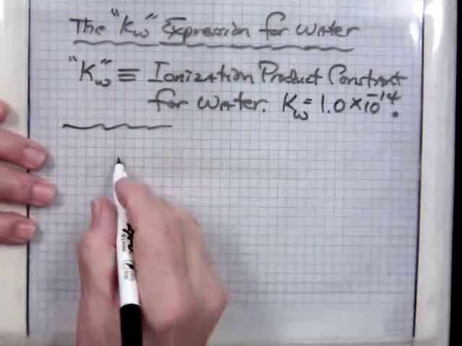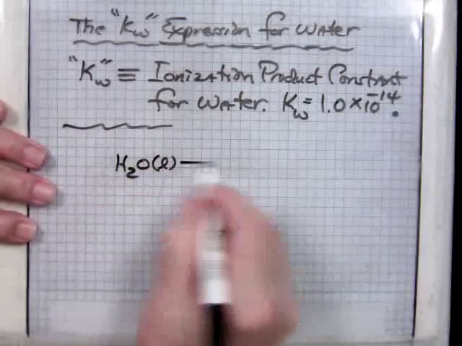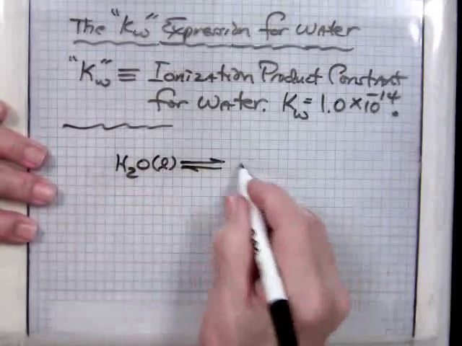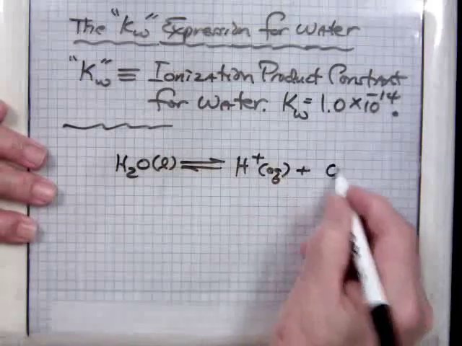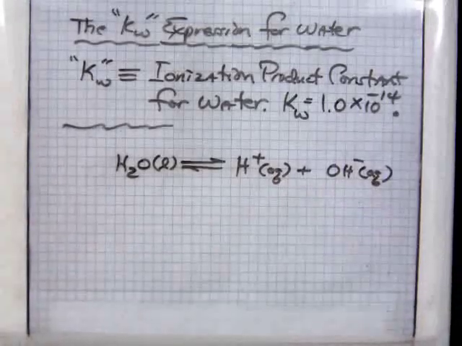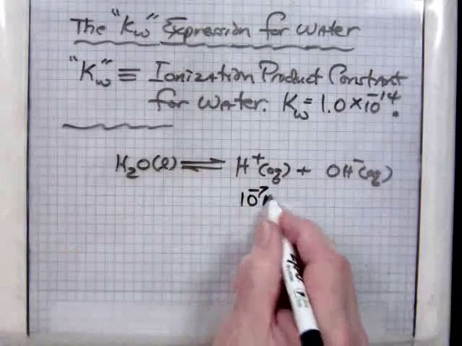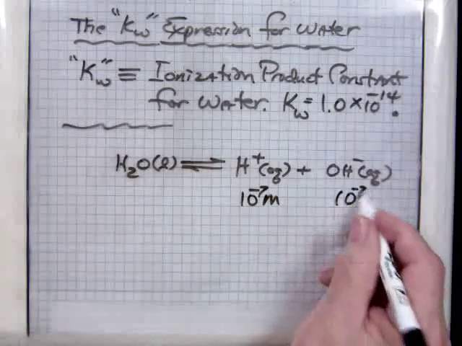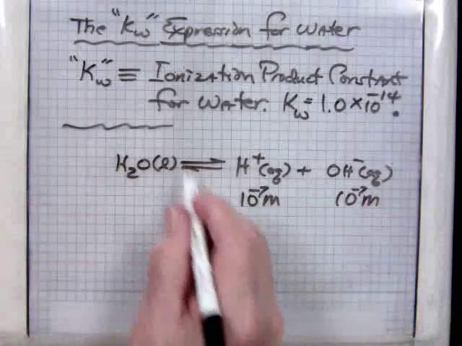I should put H2O as a liquid, and then H+ aq and OH- aq. It'll work better. Now, I've given you 10 to the minus 7 molar and 10 to the minus 7 molar over here at 25 degrees centigrade.